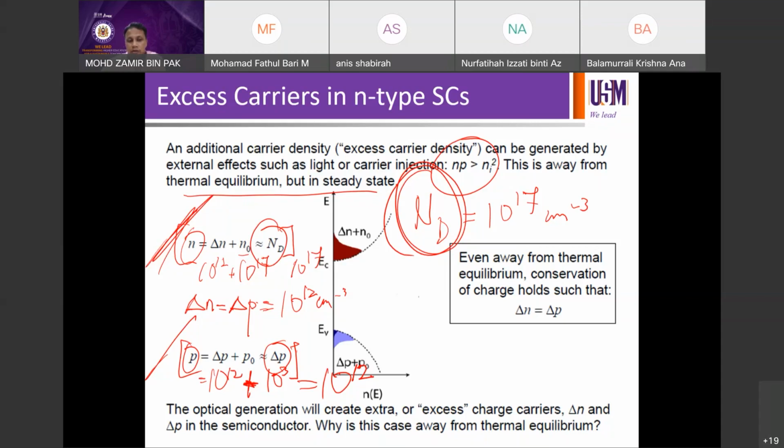The majority carriers remain 10 to the 17. But the excess carriers do change the minority carriers. The minority carriers change from 10 to the 3 for the P naught and become 10 to the 12, which is essentially the value of delta P or delta N, right?